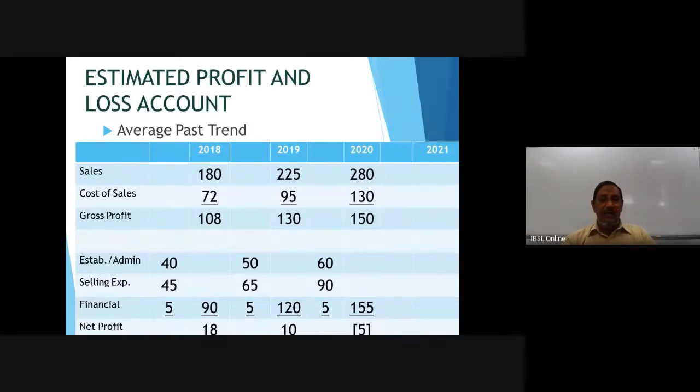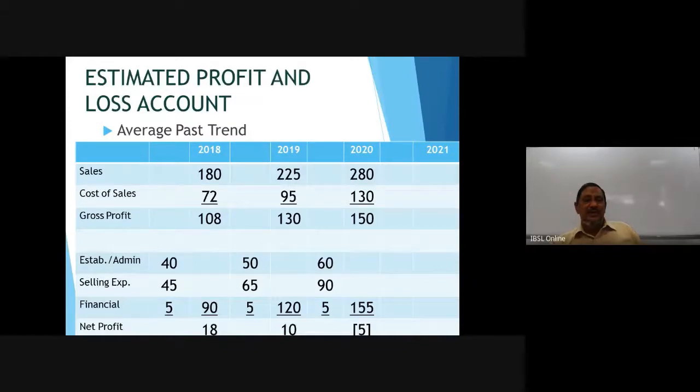So profit has declined, 18% and then 2019, 10%. And in 2020, sales have increased to 280. Cost of sales has increased to 130. Gross profit also increased to 150. The establishment expenses increased from 50 to 60.